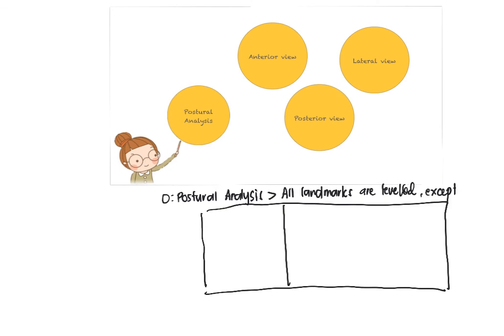Divide it into 3 columns. The first column for the anterior view, second for the lateral view, and the posterior view. So remember to only write all relevant findings related to the anterior view, related to the lateral, and related to the posterior view. Okay, so walang mami-misplace na findings.